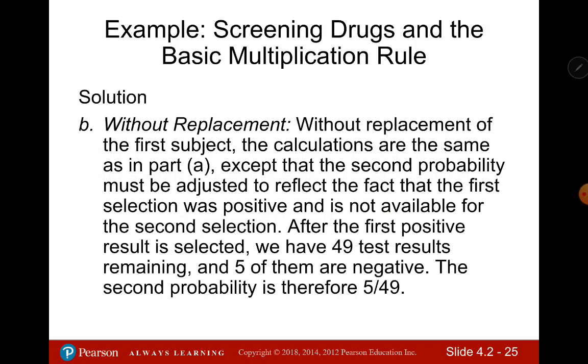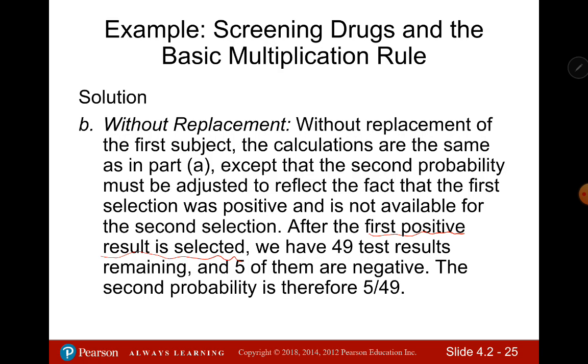But without replacement is another story. If the first selected subject does not go back to the pool, that's the meaning of without replacement.